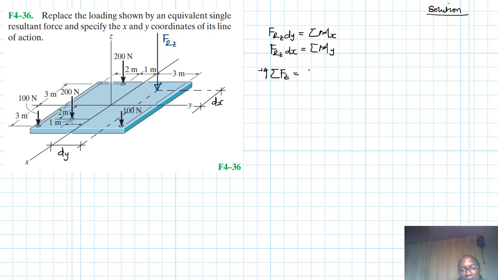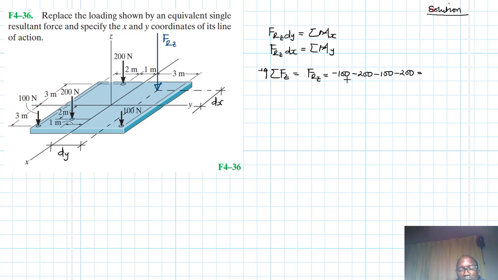And then summation of forces in the z going up in our reference. We are saying this is going to be equal to FRZ, which is equal to what we have. We have a minus 100. What else? We have a minus 200. What else? We have another minus 100 and a minus 200. How many? 1, 2, 3, 4. Great.